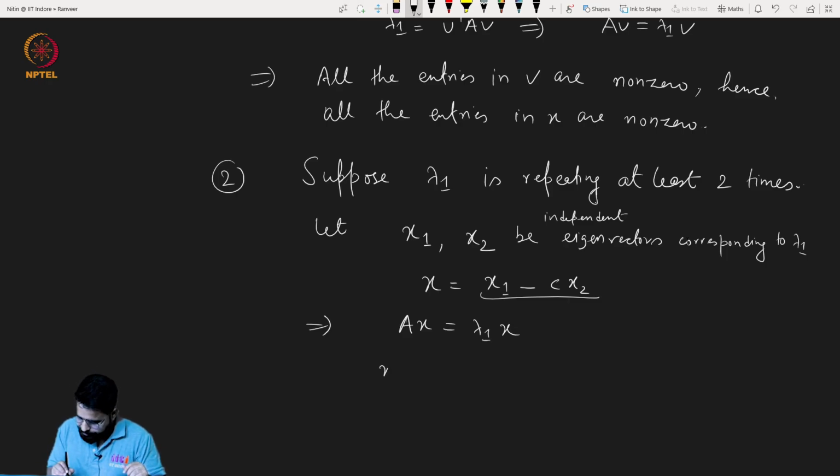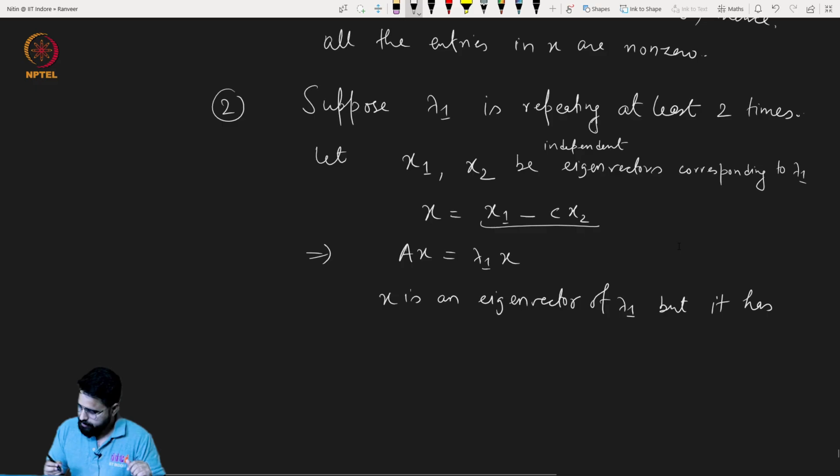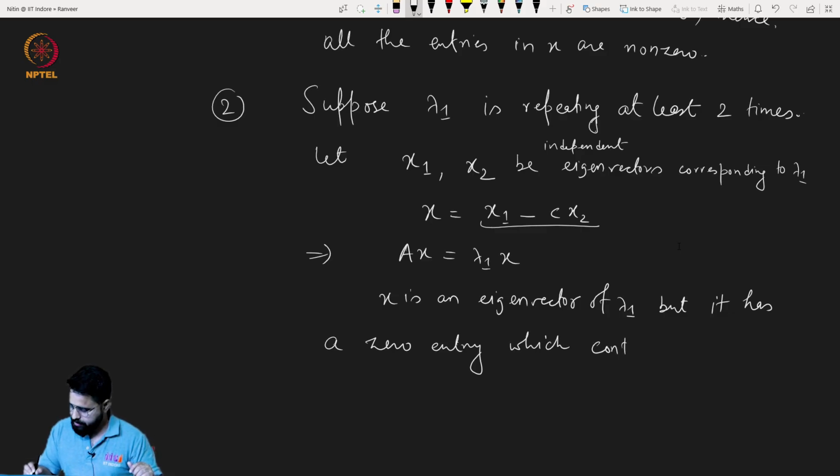So x is an eigenvector of lambda 1, but it has a 0 entry, which contradicts the first result.